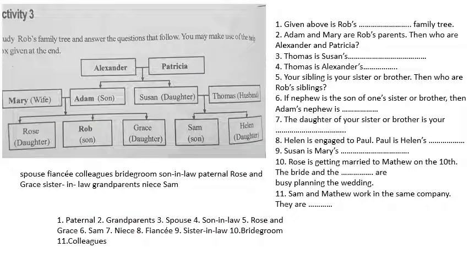Susan and Thomas have 2 kids, Sam and Helen. This is the family tree. And they've given you some terms like spouse, fiance, colleagues, bridegroom, son-in-law, paternal, sister-in-law, grandparents, niece, etc.